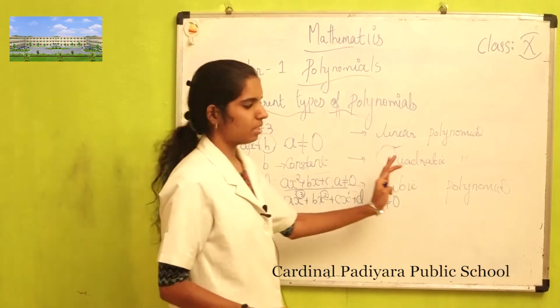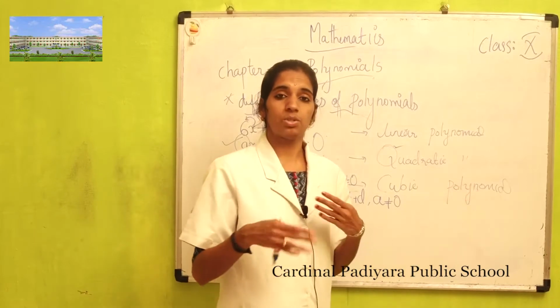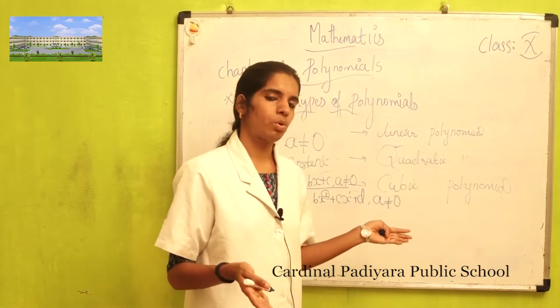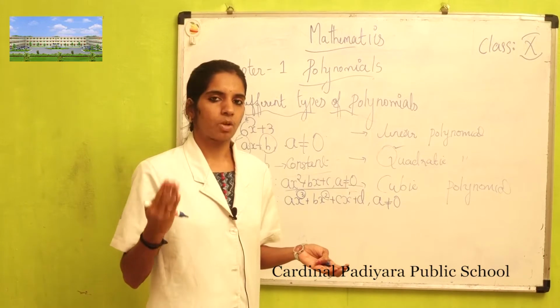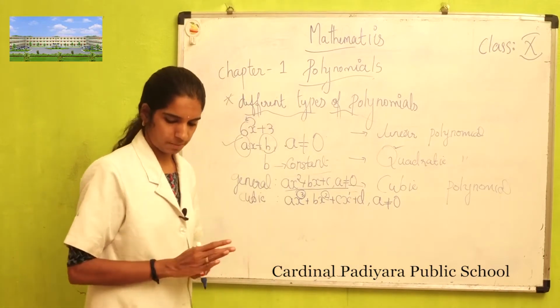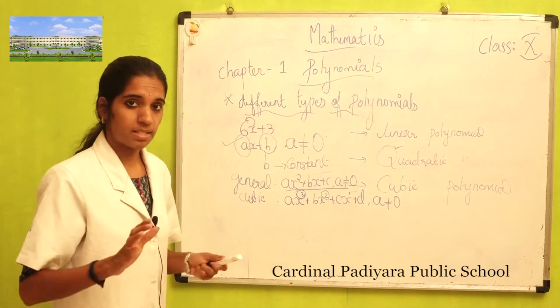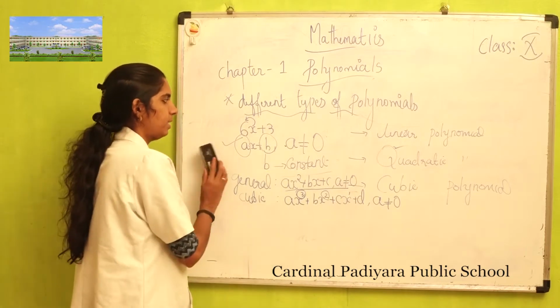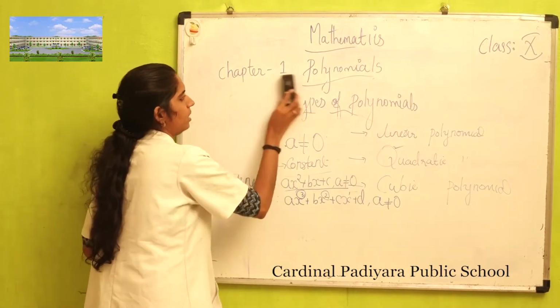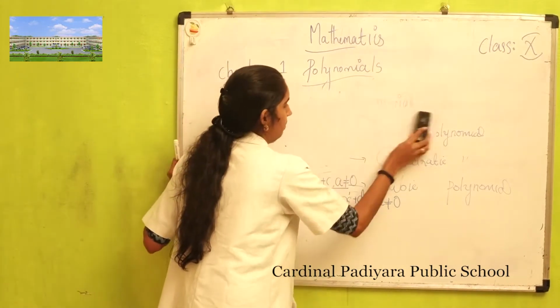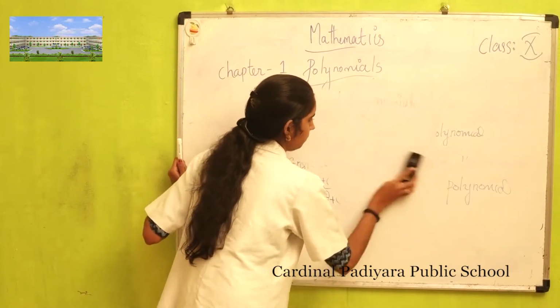So based on the degree, we can divide polynomials as linear, quadratic and also cubic. Okay, so these are the basic ideas of polynomials. Based on the degree, we can divide polynomials mainly into 3 types.